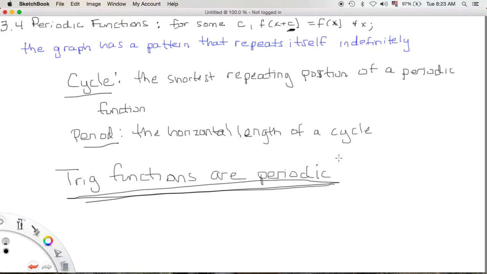And we talked about angles, and remember when we drew circles and we said that we could call this angle by this measurement, or we could call it by going around and then again, or we could go around a couple of times, and it'd still be the same angle. And so it still has the same sine and cosine with those reference angles we talked about. Remember that? So the reason it's periodic is because you can keep going around these circles and finding the same things. We're going to do a little activity in class to try to help solidify that understanding. But for now, make sure you understand that the trig functions are periodic.